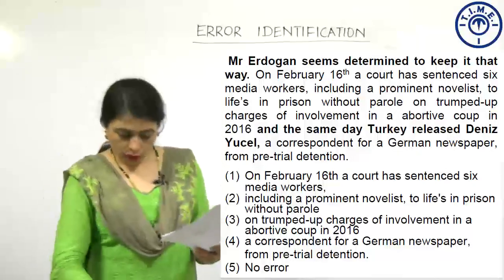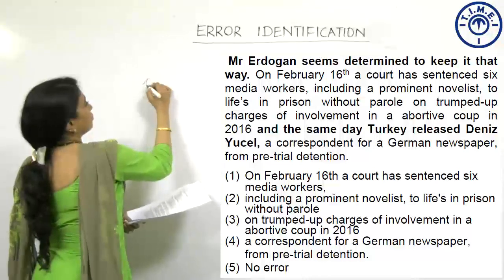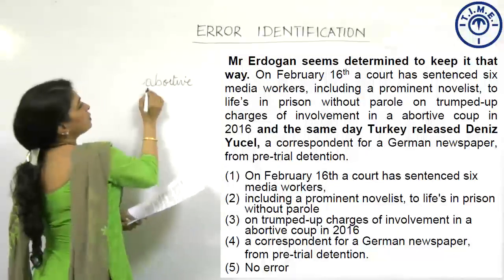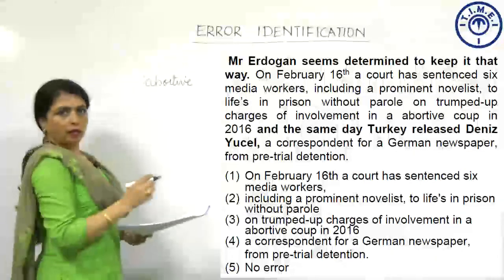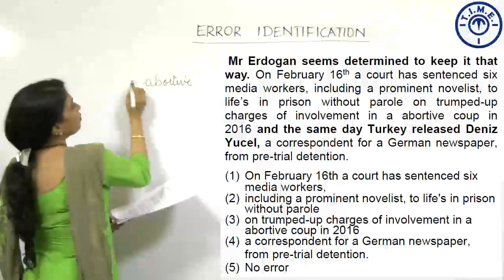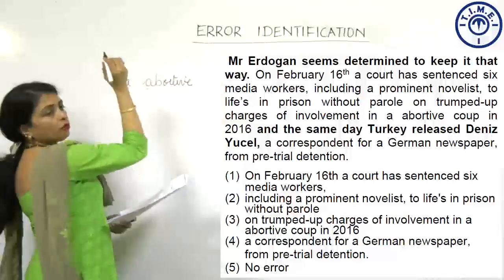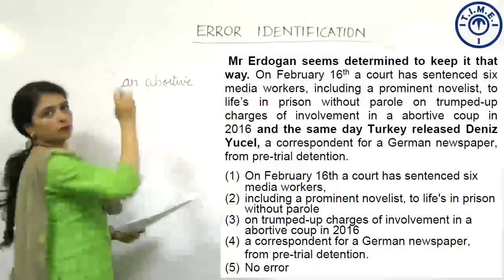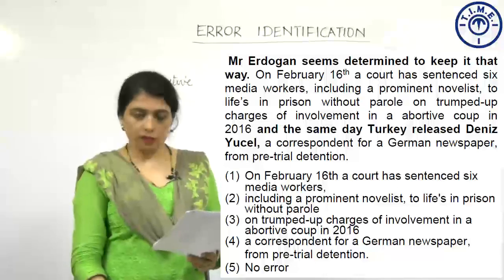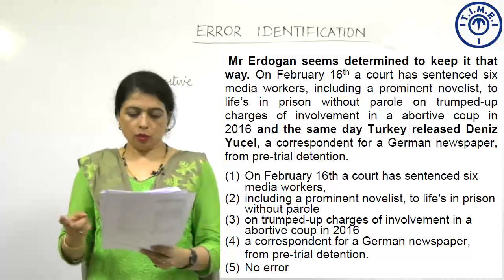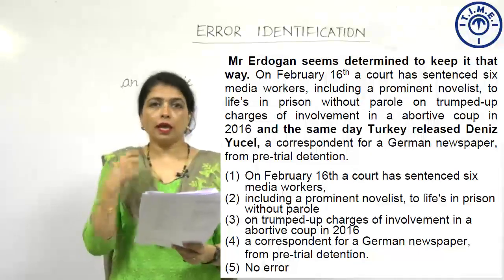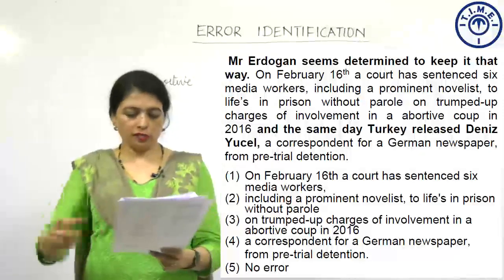Now, the word abortive, which is an adjective, starts with a vowel A and it also gives out a vowel sound. So, we cannot have the article "a" before it, we need to have "an" to precede it, which is not there and which makes this part erroneous. So, "on trumped up charges of involvement in an abortive coup in 2016."